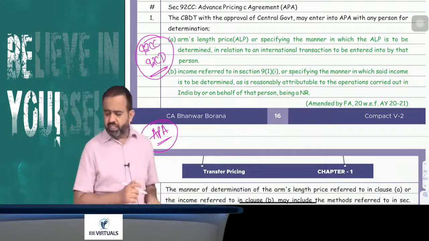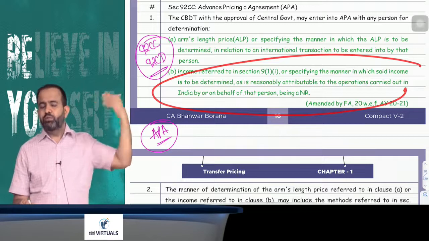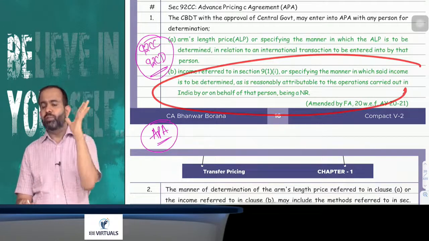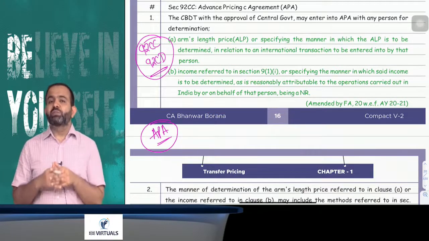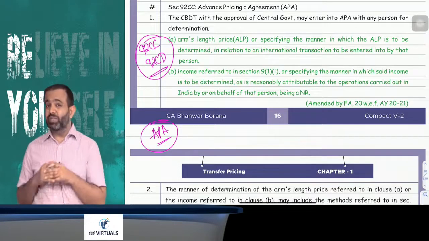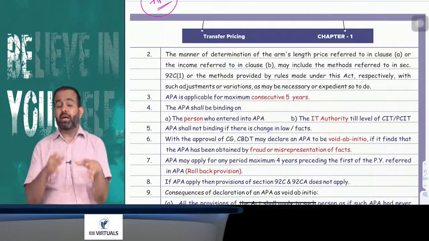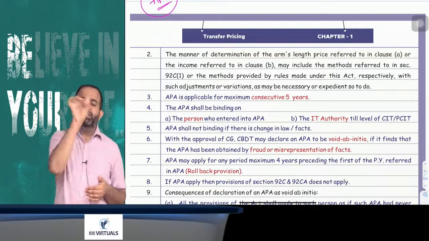Yes. But for this particular purpose, they will notify the manner, they will notify the rules in the future, but till now they have not notified. So you have to remember that till now, you can enter into the APA for the determination of your arm length price related to transfer pricing. Now always remember, sir, in that APA, what will CBDT write? CBDT will mention which method is applicable.